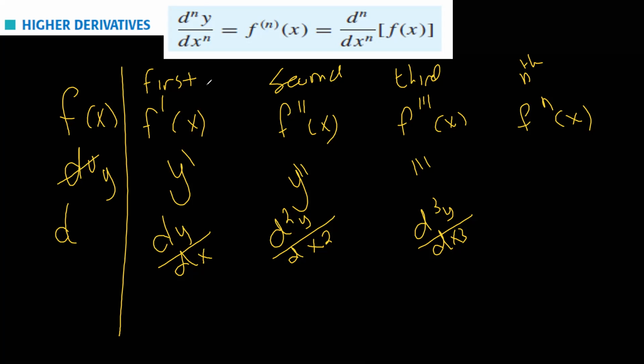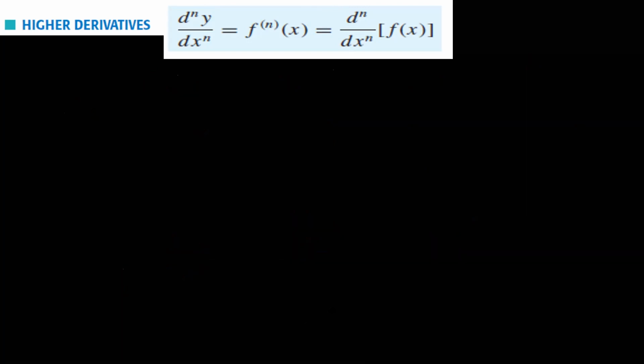Yes. Okay. So now, as we said, f double prime of x can be written as d squared y over dx squared, the second derivation of y with respect to x. Now, how can I find the second derivation?